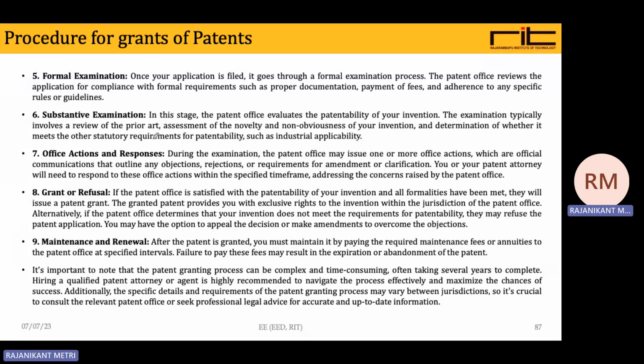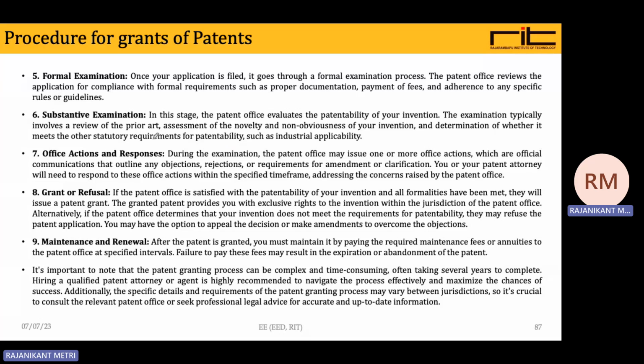Then the last is maintenance and renewal. After the patent is granted, you must maintain it by paying the required maintenance fees or annuities to the patent office at specified intervals. Failure to pay these fees may result in the expiration or abandonment of the patent. So this is again important.